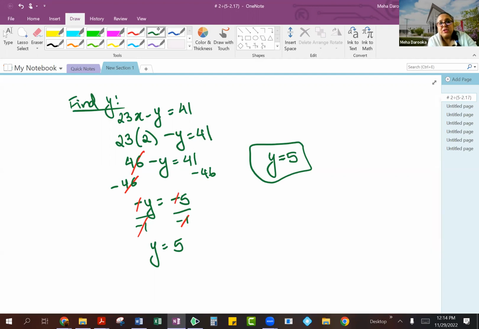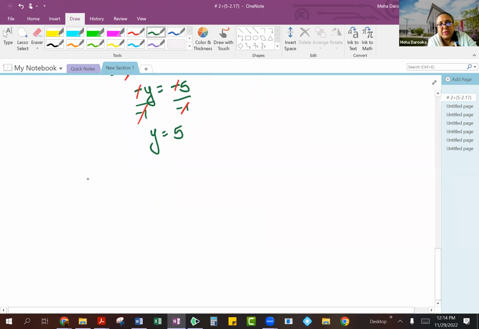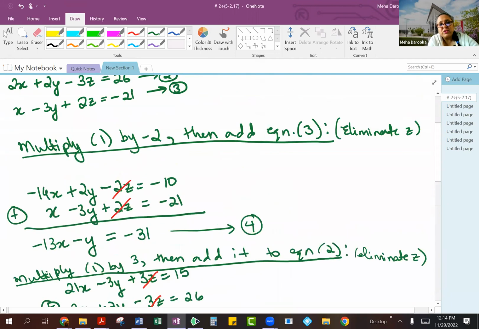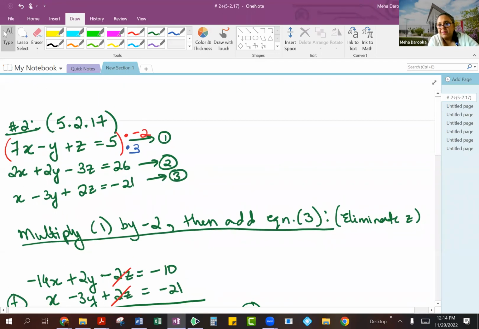Alrighty, perfect. So now we have both x and y, which means we can now go back to the original variable we eliminated and find the z. Now for the z, you of course need to go back to one of the very original equations. So anyone from the 1, 2, or 3. And I'm thinking, you know what, let's just use equation 1.